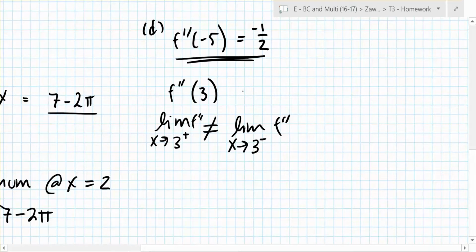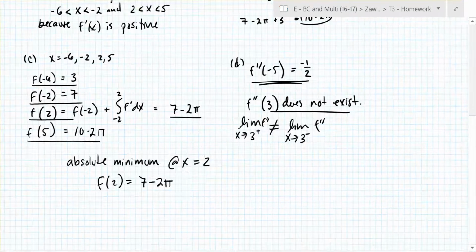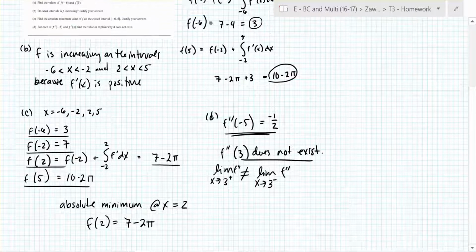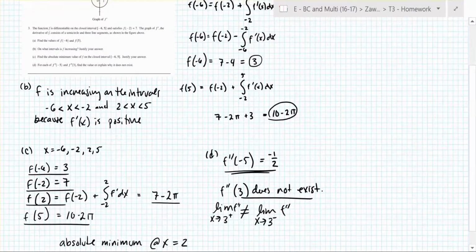That means there can be no slope at x equals 3. So f double prime of 3 does not exist. And that is the final part to question 3 of the 2017 AP Calculus BC exam.